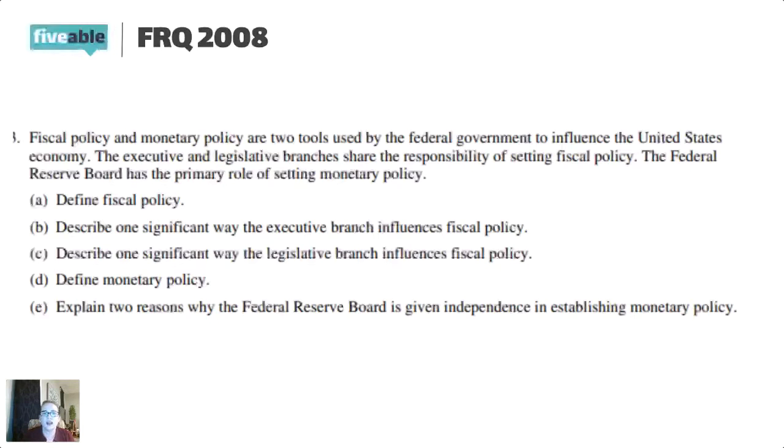So they abdicate this responsibility to a different branch because changing interest rates is a difficult decision to make, okay? Also, another point says that you could just say that it removes politics from monetary policy decision-making. All those four things that I just listed are all given points on the AP exam, okay?